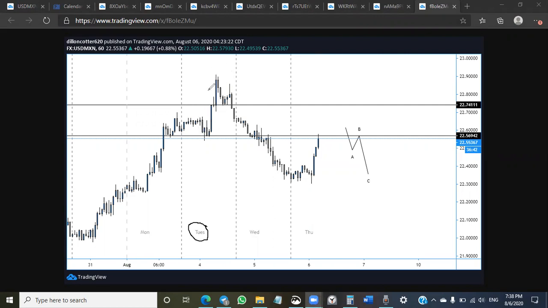And then we saw the high of the day, this M formation pattern, and then the market traded back down immediately.